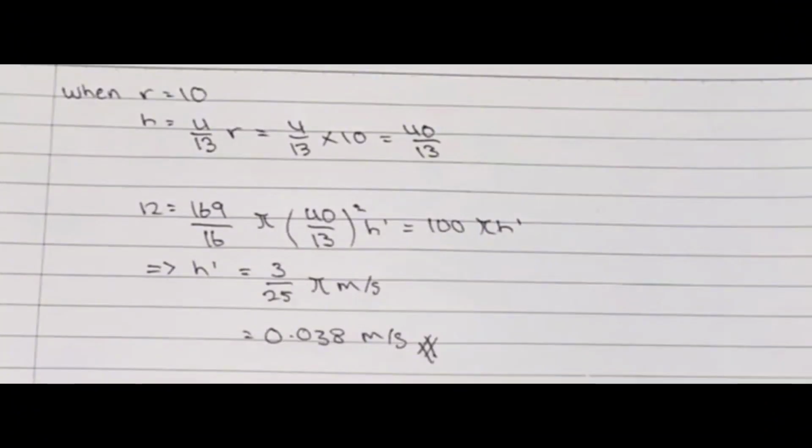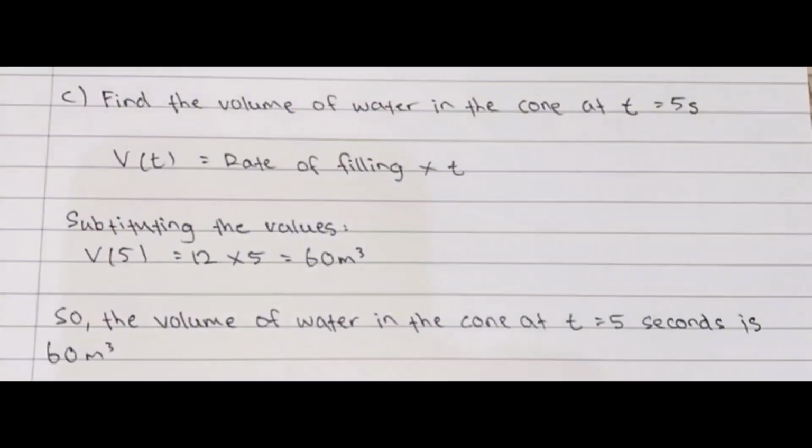When r equals 10, h equals 4 over 13 r, which equals 4 over 13 times 10, equals 40 over 13. 12 equals 169 over 16 pi (40 over 13) squared h prime, which is equal to 100 pi h prime, and h prime is equal to 3 over 25 pi meter per second, which equals 0.038 meter per second.